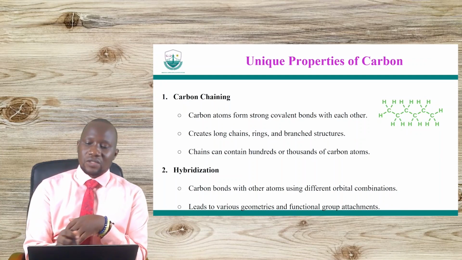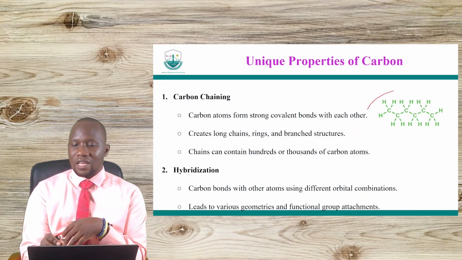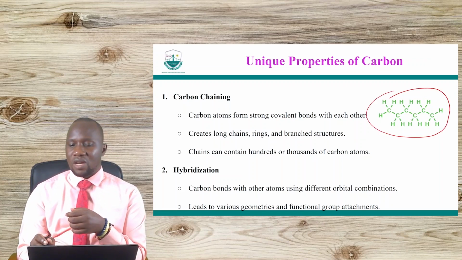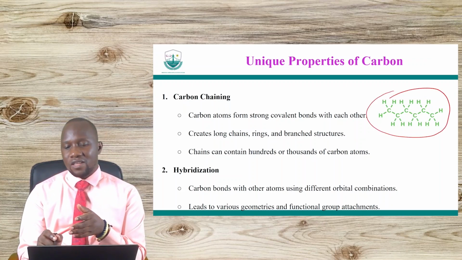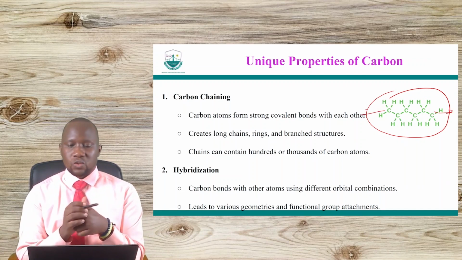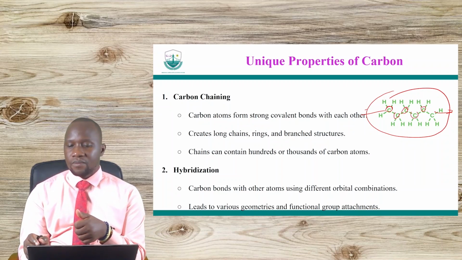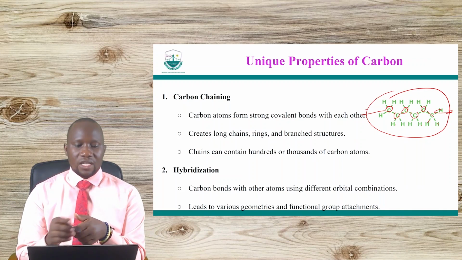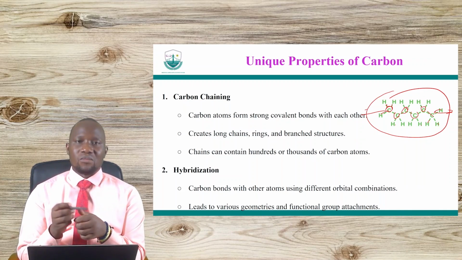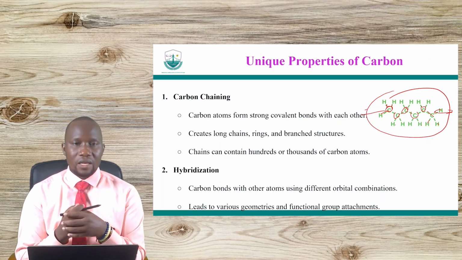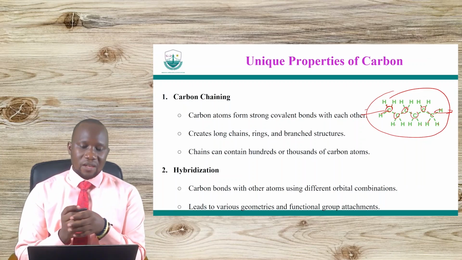This is another representation. You can have a continuation of this side and also the other side. A long chain, that's what we are referring to. You can see the carbon and then the hydrogen, right? These bonds here are covalent bonds. That means that the electrons are being shared.